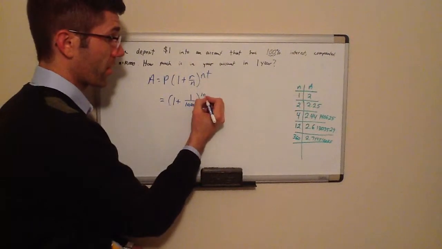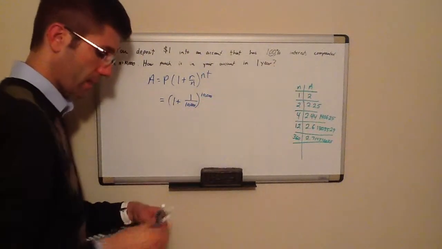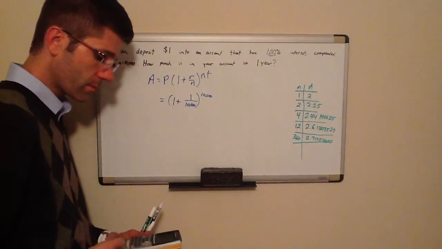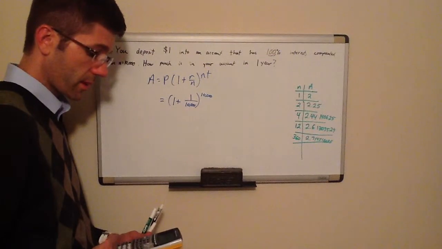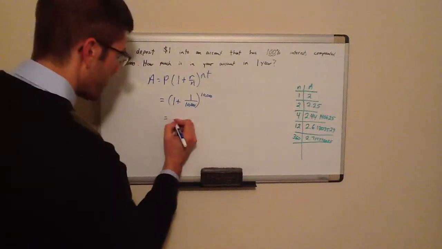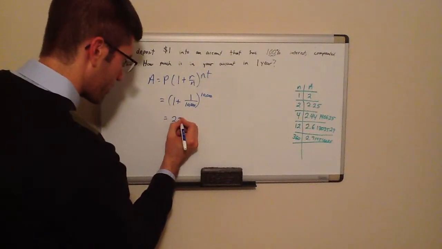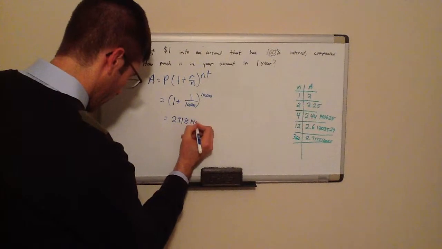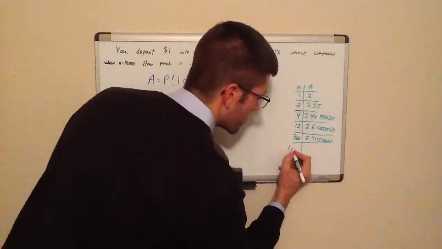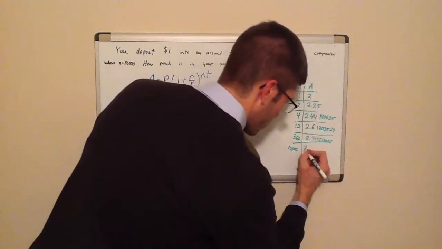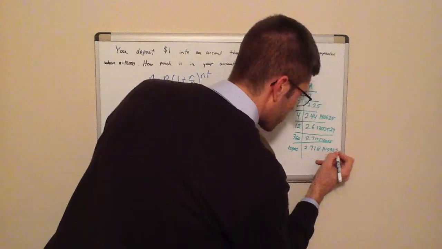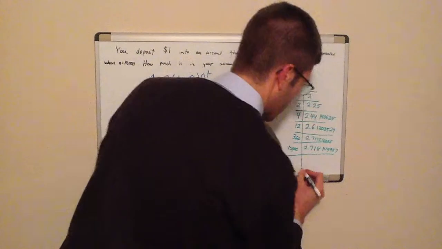There's going to come a point where the calculator is not going to be able to do this, and hopefully this is not it. 1 plus 1 over 10,000, and we raise it to the 10,000. This gets interesting. 2.718145927. I'll put it in our little table. So if n was 10,000, then we get 2.718145927.